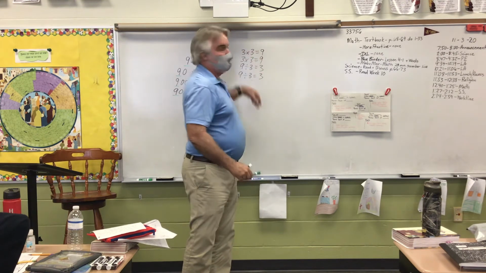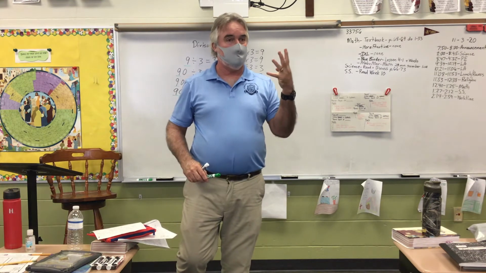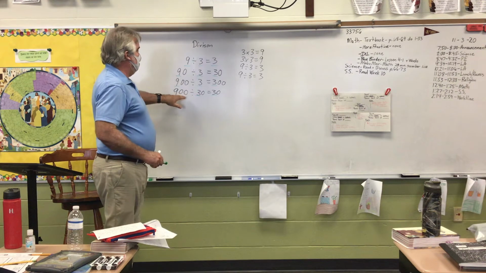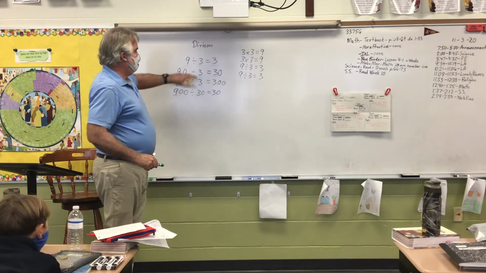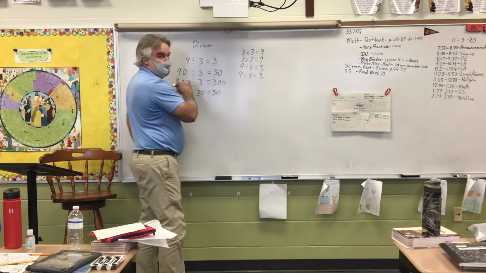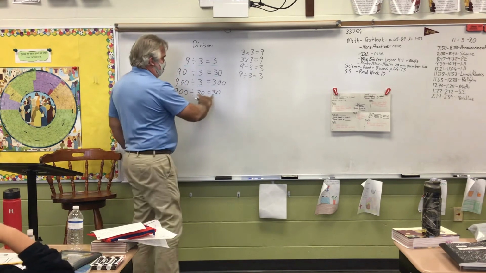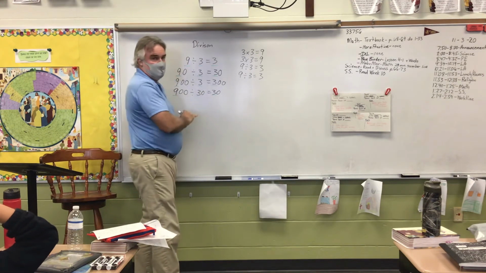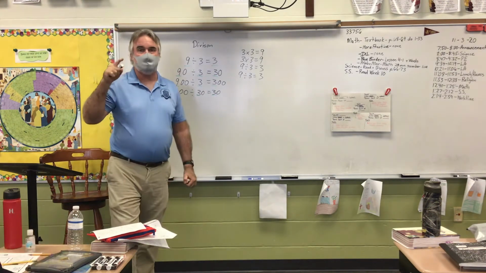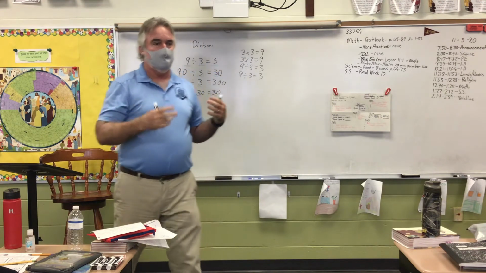Okay? So that's why I put up 4 of them, because normally with family of facts, there are 4 problems in there. Okay? But with this, if you know that these two times each other are going to equal this, then that means that these two times each other will equal this. And this is where some of the kids in the other class said, oh, that's where I can double check.